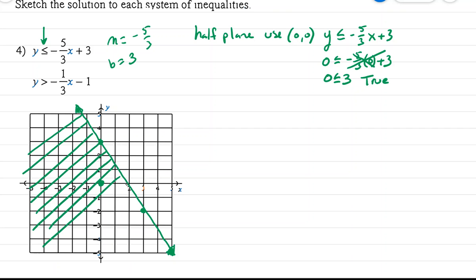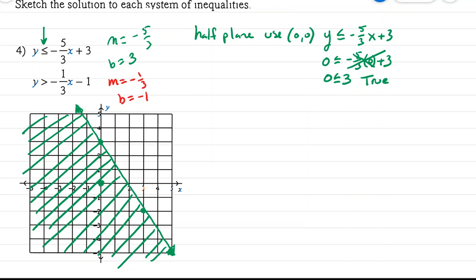Now, our next goal is to graph the second equation. So let's come up here to the second equation, and since we know this equation is already in slope-intercept form as well, we're going to find m, which is negative 1/3, and b, which is negative 1.